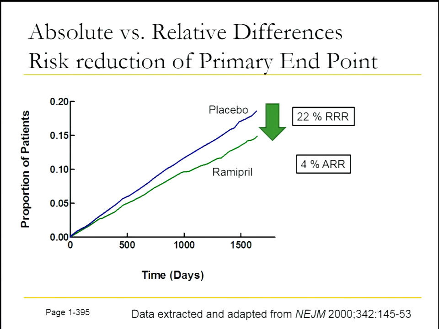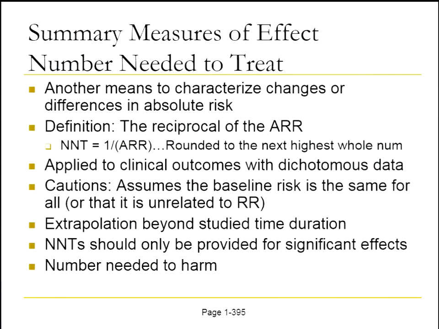That 22% relative risk reduction corresponds to a 4% absolute risk reduction. And we're going to talk about what the importance of that is in the next slide as we look at what we can use that for in terms of number needed to treat.